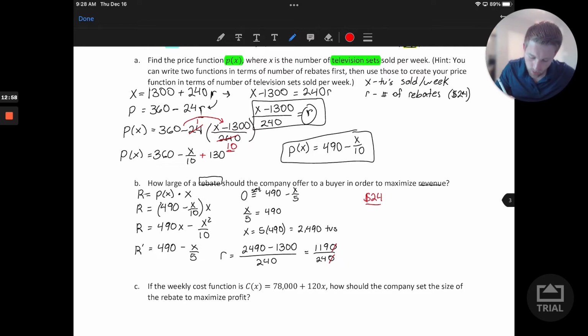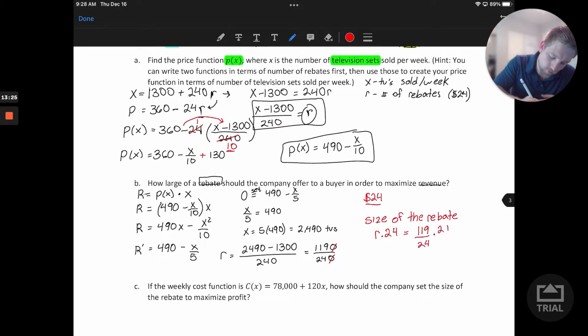And so if this is R, to get the size of the rebate, we actually just want to multiply by $24. And so the size of the rebate we can actually represent as the number of rebates, R, times 24. And in this case, we'd have 119 over 24 times 24, which gives us the final result of the size of $119. So this is the size of the rebate that we're going to need to maximize that revenue.